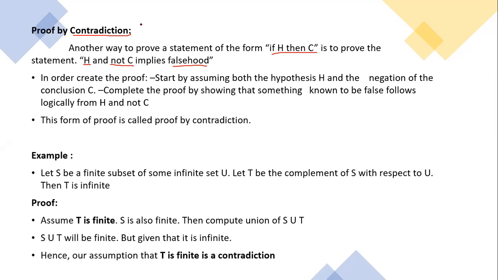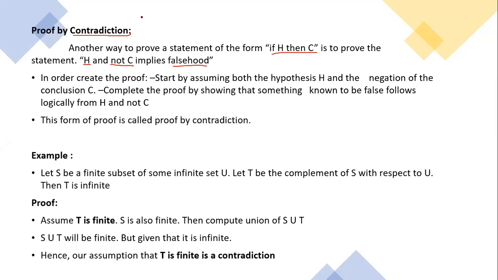Can you differentiate contrapositive and contradiction? In the contrapositive, if H then C is transformed to if not H then not C. Here we are taking H as it is.